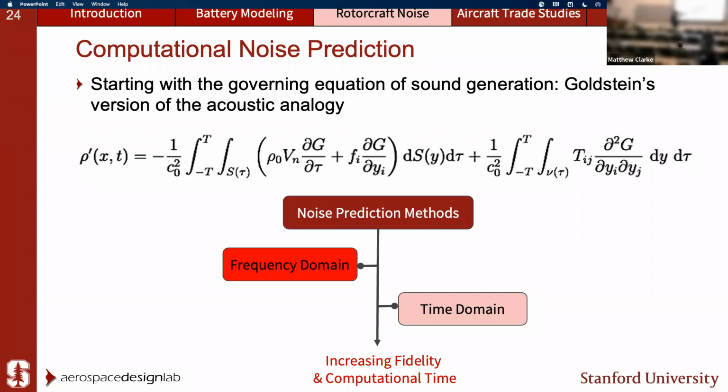And then the second method is to essentially discretize this equation as is, this formulation 1A that Penn State uses. There are other different formulations into the time domain, right? And this is where you get the Ffowcs Williams-Hawkings equations discretized and you can compute the sound. However, as you can see here, the frequency domain methods are less computationally expensive than the time domain methods. So for this talk, I'll be focusing on the frequency domain methods.